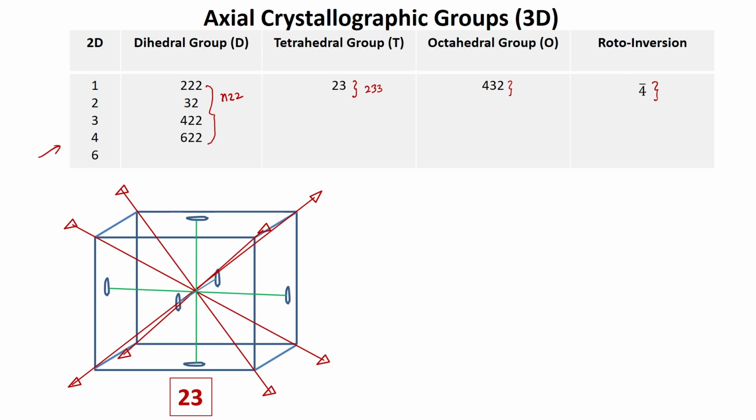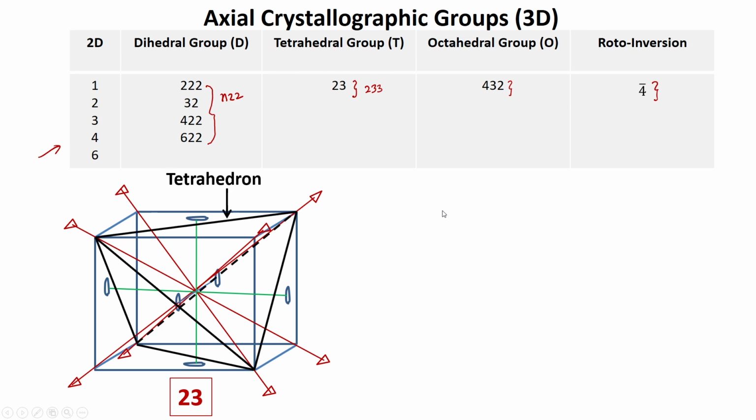The tetrahedral group: the name arises when I put the symmetry inside a cube, just as shown here. I can inscribe a tetrahedron inside this cube like this, and a tetrahedron is a shape which will accommodate the three-fold rotational axis by dropping the axis from each vertex of the tetrahedron onto the opposite base.